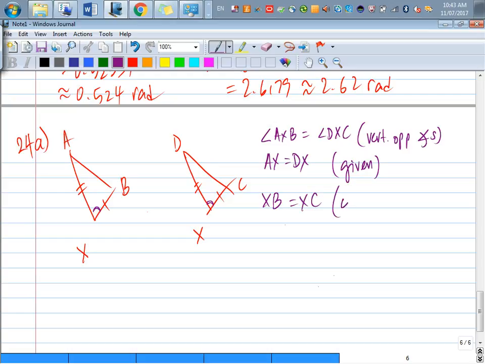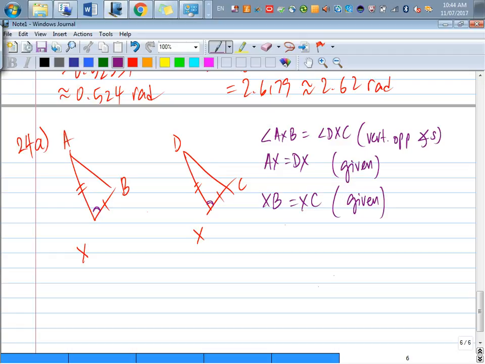What about XB equals XC? Can I say common? Cannot. Why cannot? Yeah, it is different line. You cannot say common. Common means they are exactly the same line. In this case, they tell you that they have the same length, but they are different lines. So we should be saying given. Okay? You're not supposed to be saying common over here.